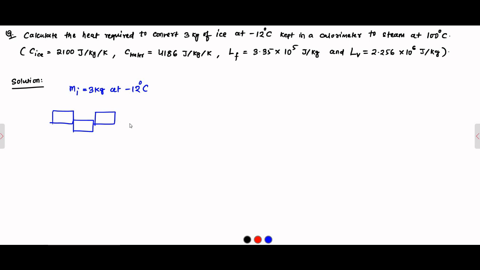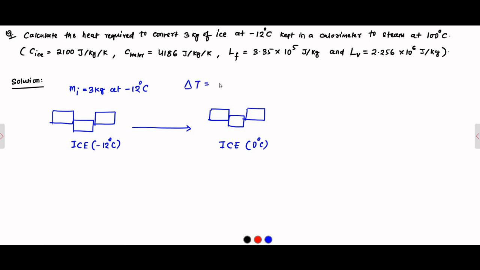First, the conversion that will happen is ice at minus 12 degrees Celsius will get converted into ice at 0 degrees Celsius. So a temperature change of 12 degree Celsius.